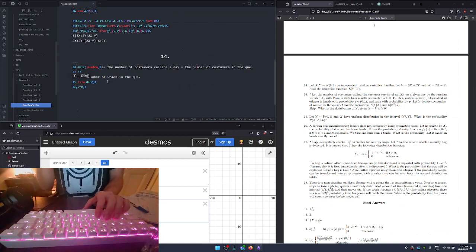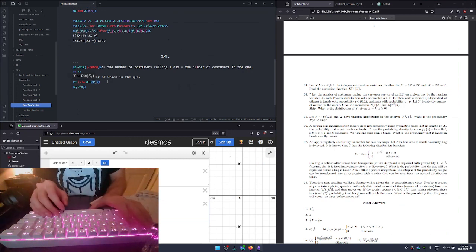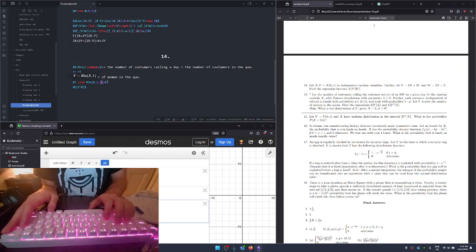It's a binom, and then you have how many of them you have. The number is x, so it's binomial of x with probability p.